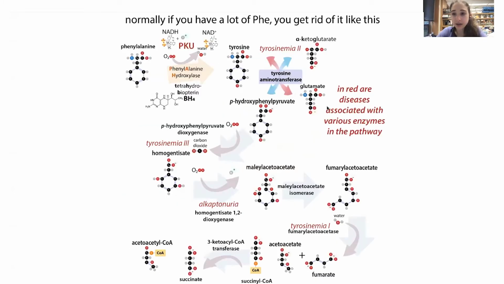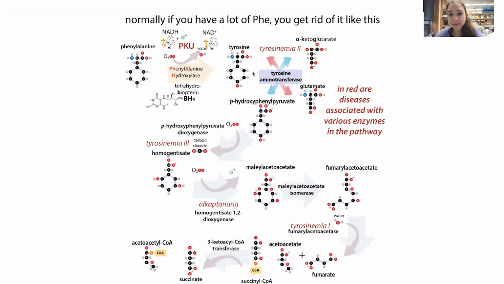There are also other forms of metabolic disorders, like genetic diseases that people have that involve a problem with the breakdown pathway of tyrosine, as well as, as we talked about, phenylalanine. You can have a disorder that prevents the conversion from phenylalanine to tyrosine, and this causes phenylketonuria, PKU.